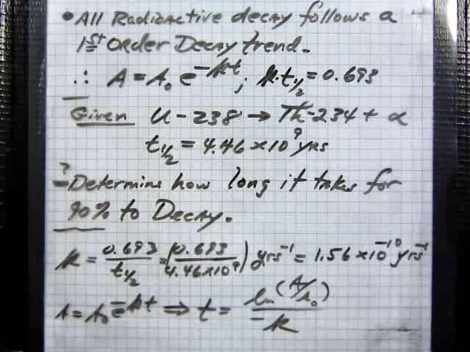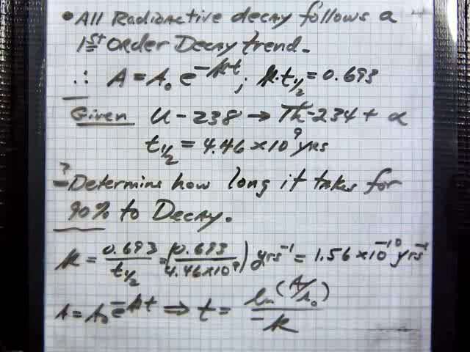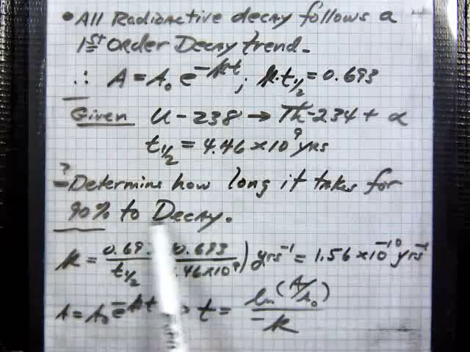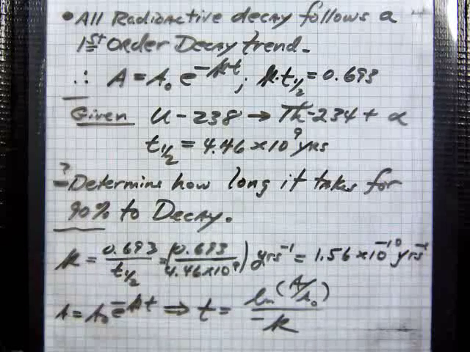Now, when you apply this, the important thing I was saying earlier in the lectures is that what you apply to this equation is what remains, not how much is decayed. So the problem specified, well, how long to 90% decay? Well, that would simply mean that 10% remains from the 100%, or 0.1.